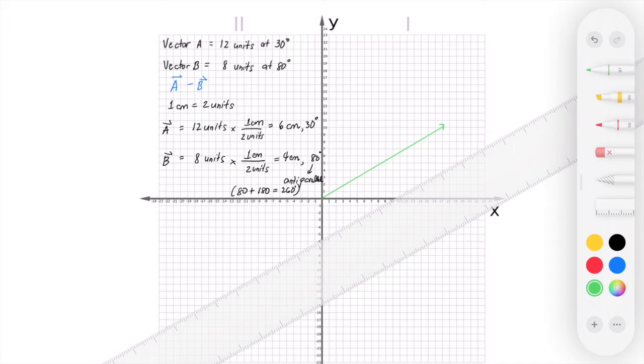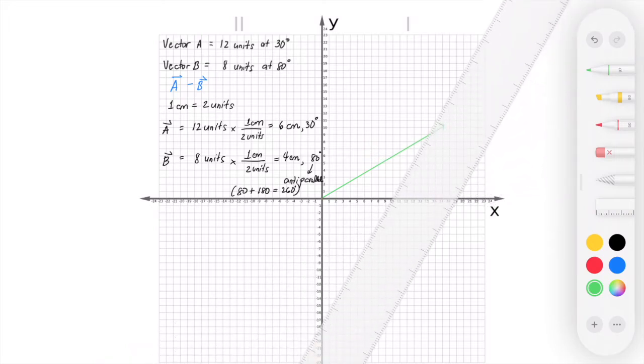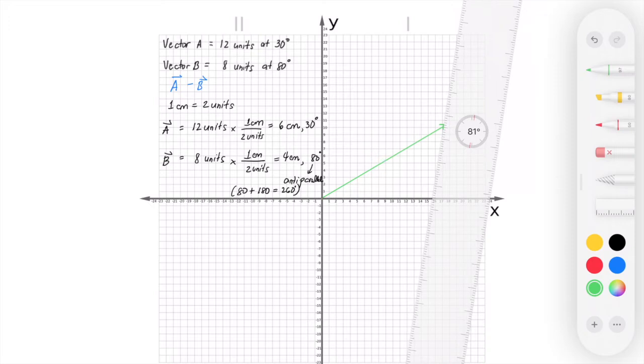Next, we have 8 units for the vector B, which is 4 centimeters. So I will plot 80 degrees. So this is my 80 degrees.